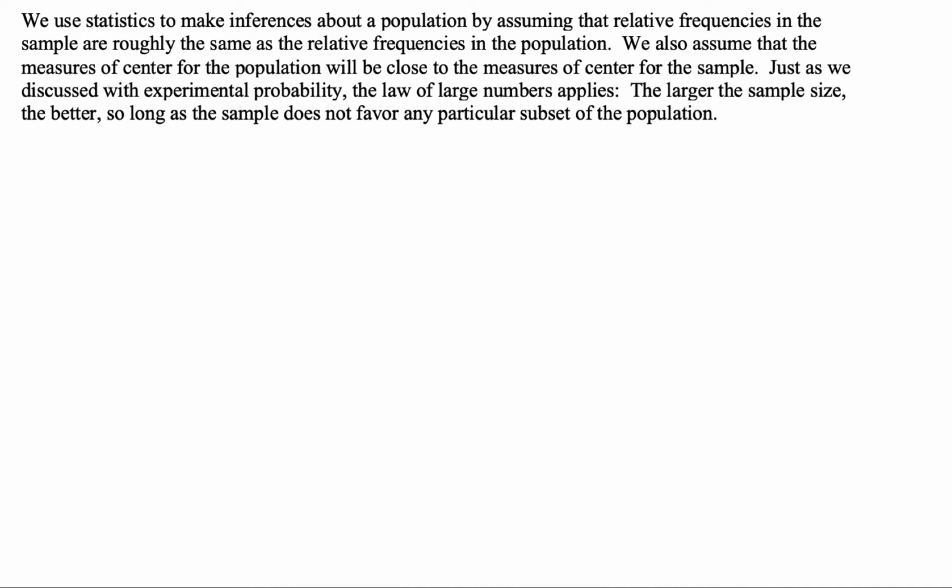Just as we discussed with experimental probability, the law of large numbers applies. The larger the sample size, the better, so long as the sample does not favor any particular subset of the population. So we did experimental probability in the last unit, and statistics is really closely related to experimental probability.